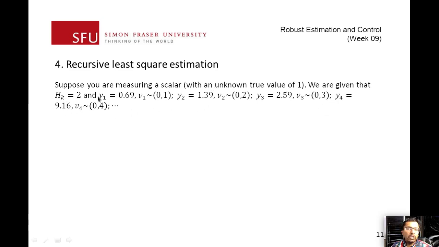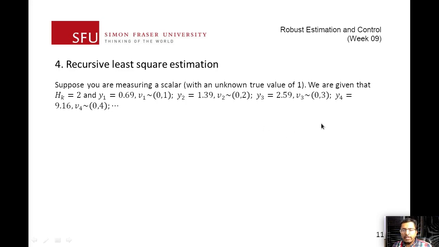So you have H_k is 2, and then I get y1 is 0.69 with a noise v1 that is zero mean with a sigma squared, or noise covariance, of 1, and then we get y2 is 1.39, v2 is normal distribution with mean 0 and covariance 2, and then y3 is 2.59 with a noise covariance of 3, and then y4 is 9.16 with a noise covariance of 4, and so on and so forth. So we get all of these values.